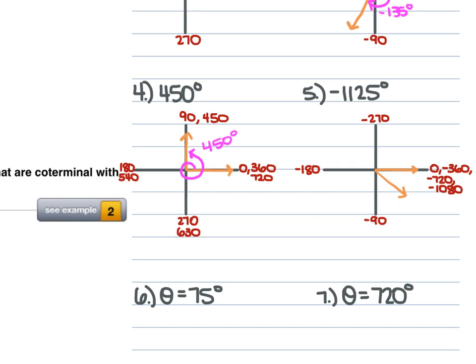So when we draw our arrow, we're going around once, twice, 3 times, and to that other side. And then we're going to be writing inside here, in this space here, our negative 1,125 degrees.